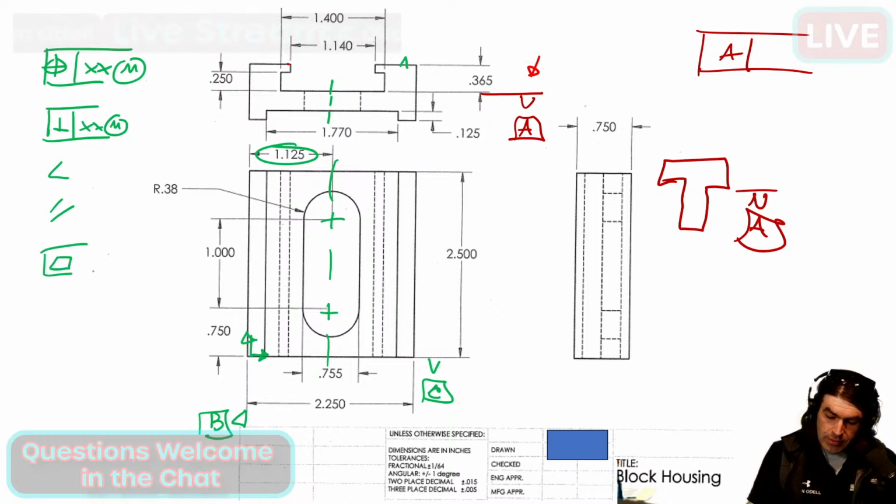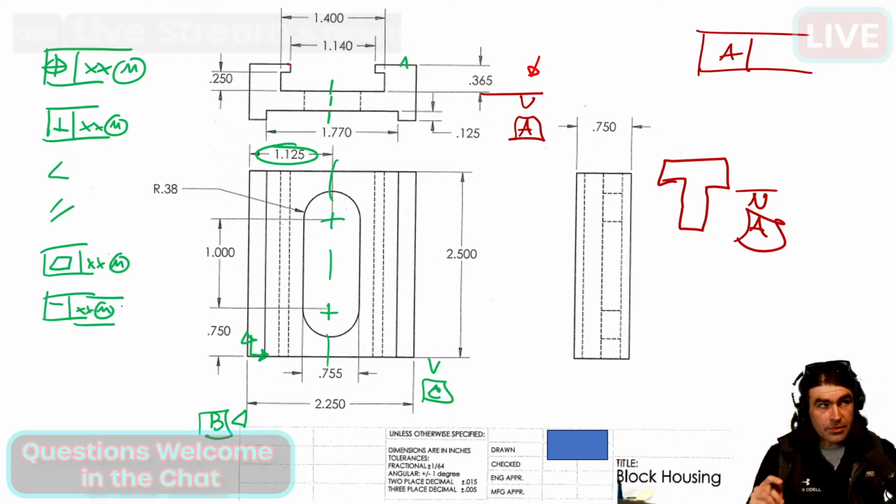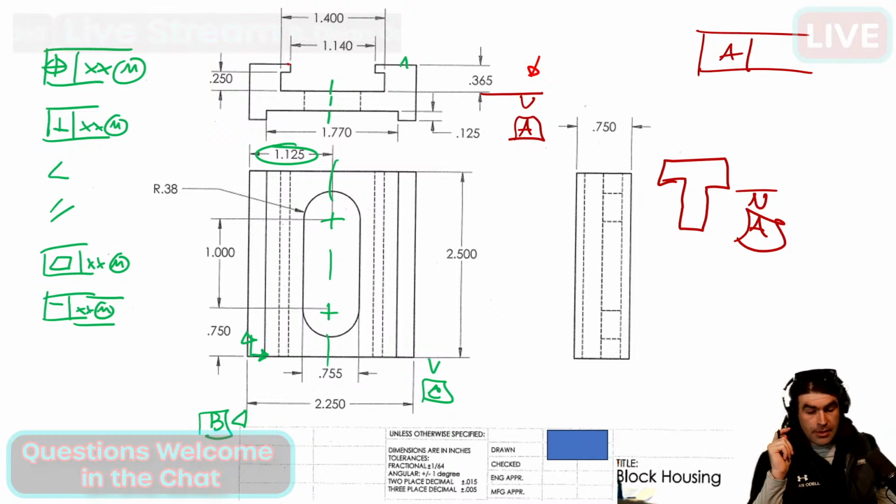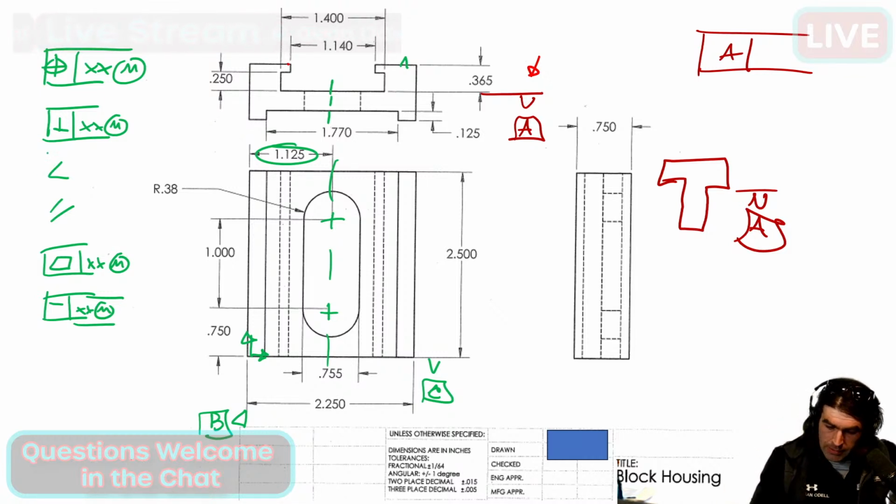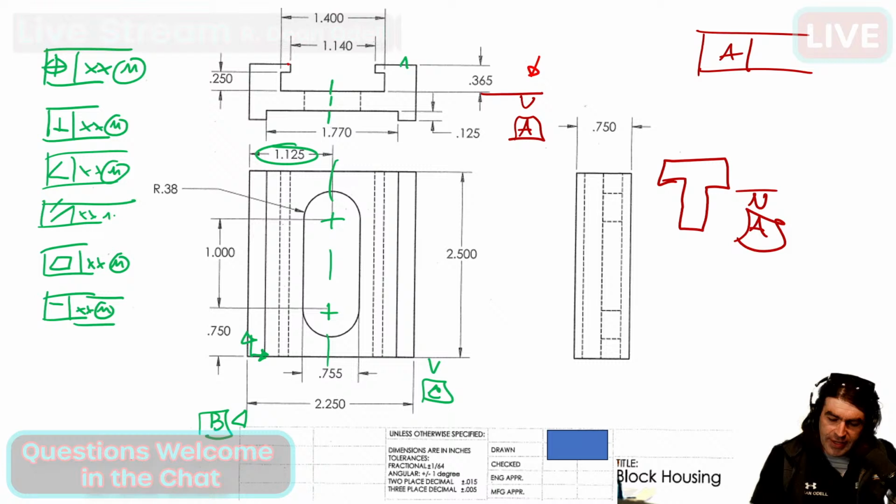Flatness, if it's applied to a derived median line. Straightness, if it's applied to a derived median line. Yeah, that's it. So how do I know, right? You don't have to memorize this.